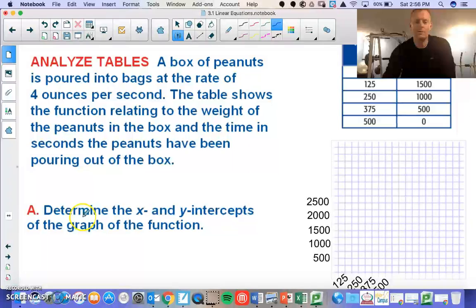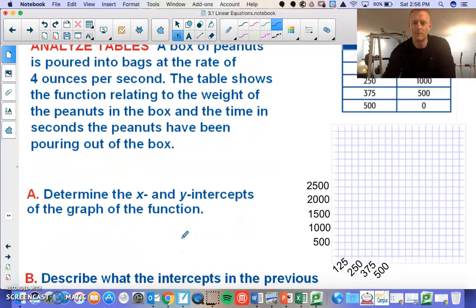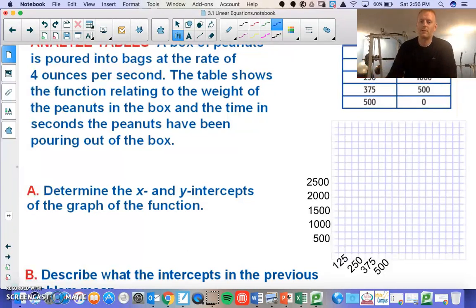Now, it says to determine the x and y intercepts of the graph of the function. So we're going to plug the numbers that are up here on the chart onto the graph. So at 0, we're at 2,000. So right here is our 2,000. At 125, 1,500, right here. And then at 250, we're at 1,000.